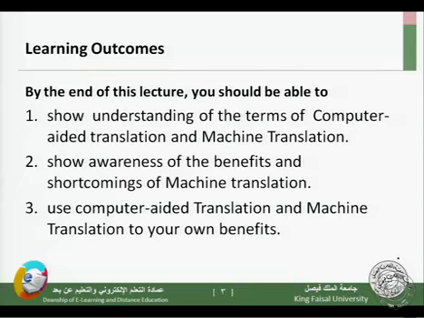And you should be able to use computer-aided translation and machine translation to your own benefits. If you could do that by the end of this lecture, it means you are a wonderful student. Very good. And I'm sure you will be, and you are a very good student. This is what I would expect of you.